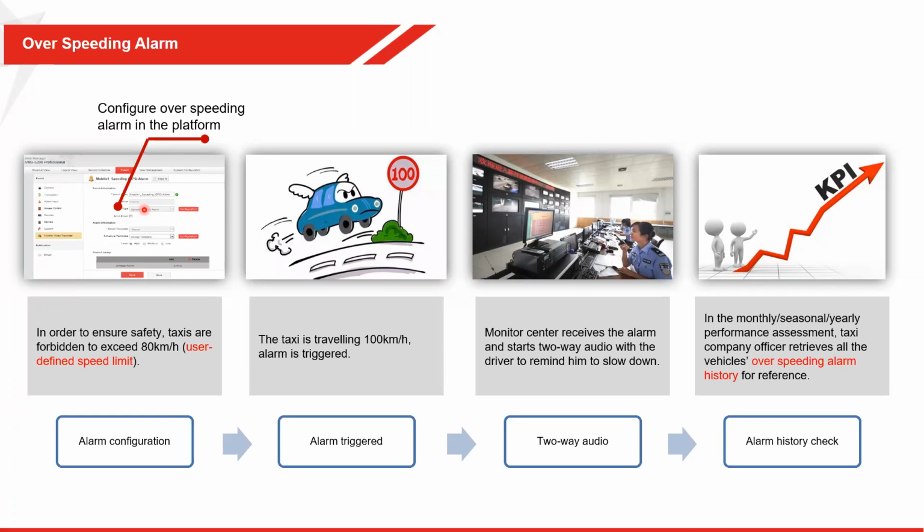Because sometimes it could be for no reason that they are speeding as well. Then this alarm is set. When the vehicle overspeeds, we then receive the alarm into the control room. And if there's overspeeding for no particular reason, there can be different types of disciplinary actions taken forward.